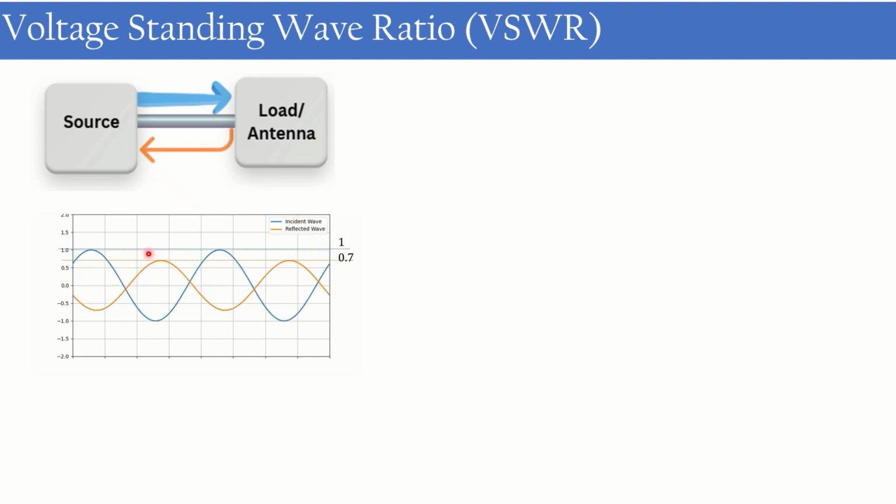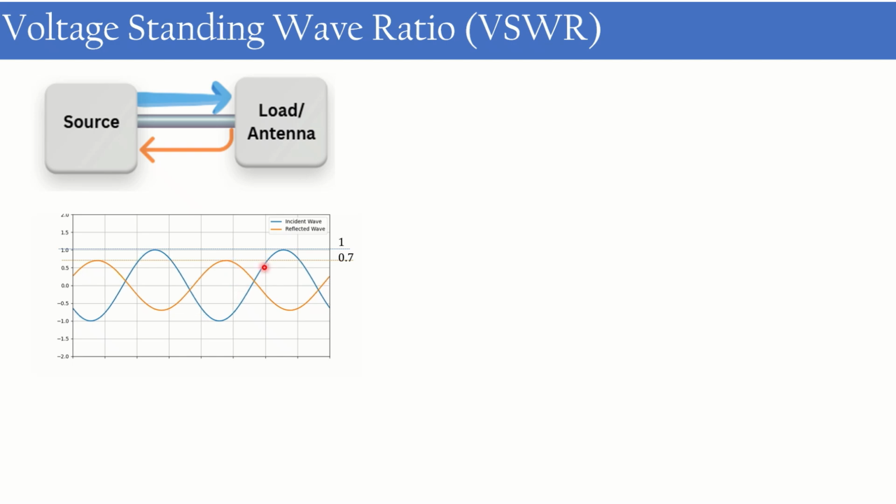The amplitudes of the feed power and the reflected power are not varying, but the phases are varying depending upon the reflection. This is the source position and this is the antenna position. The magnitude is never changing for the incident and reflected waves, but their phase is getting varied.